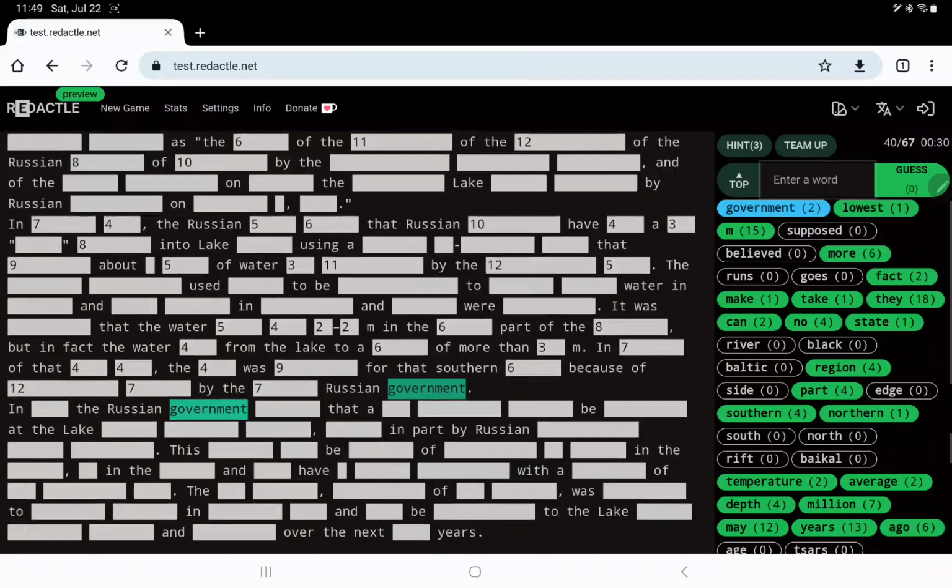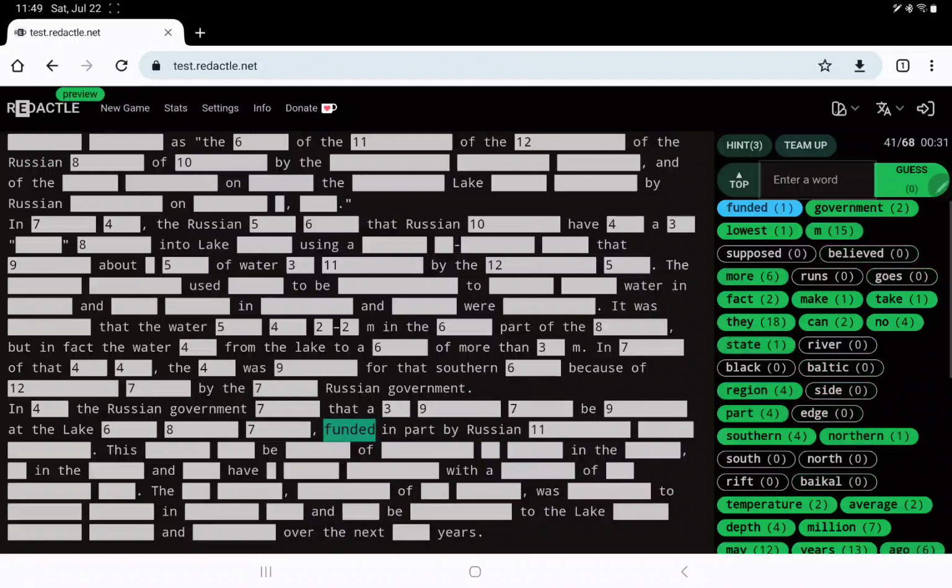Okay, there are only 2 governments right there. Government something that a 397 B9 at the lake 687, funded in part by Russian something something.